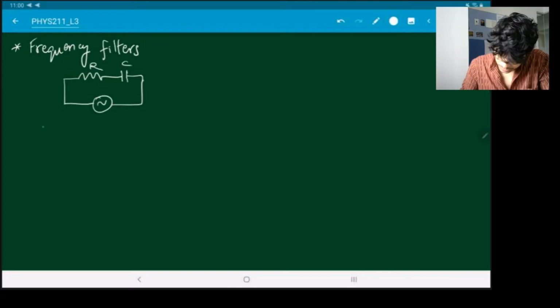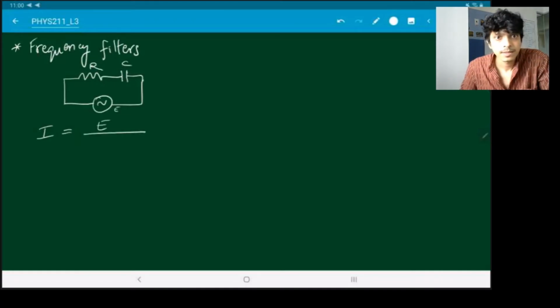So we know that the current flowing through the circuit is going to be E divided by the total resistance in this circuit. So the resistance I'm going to write now as R minus IXC.